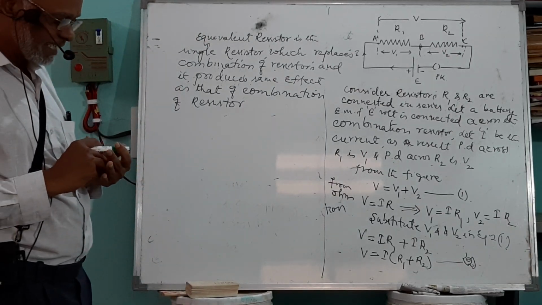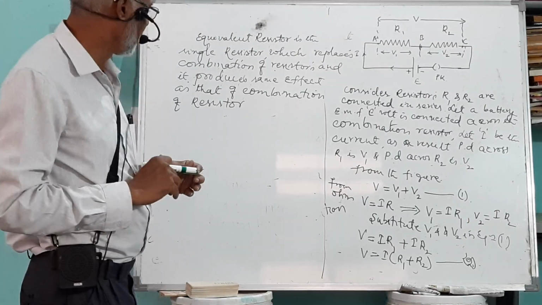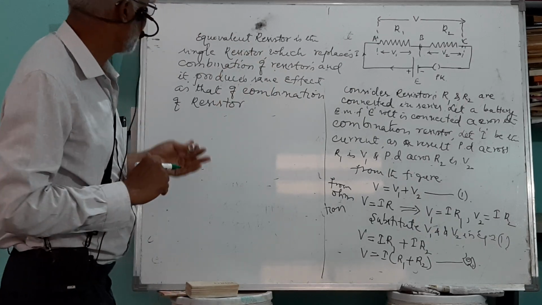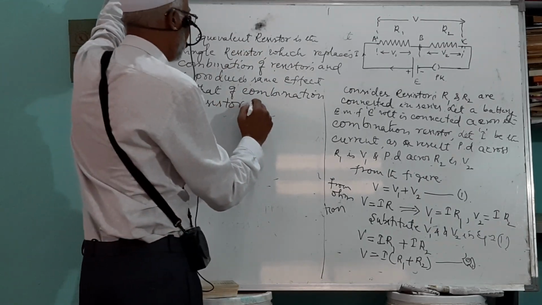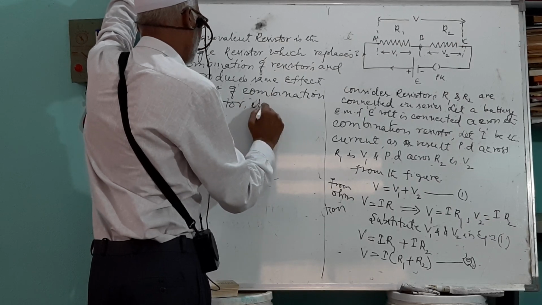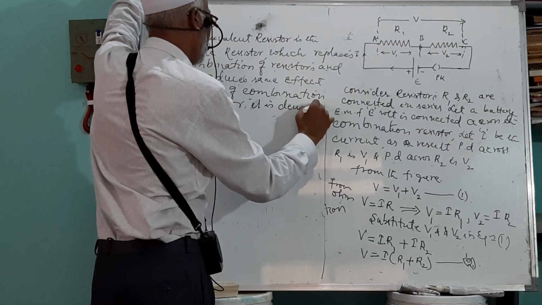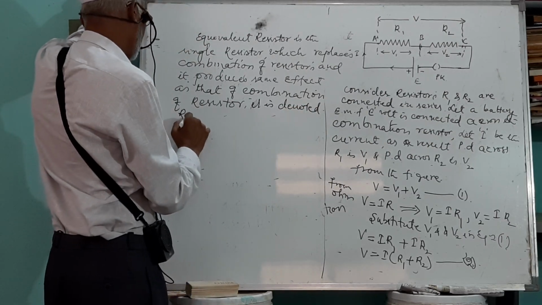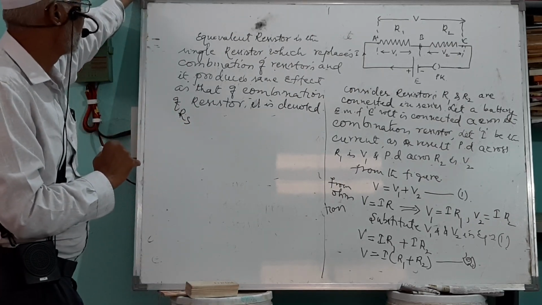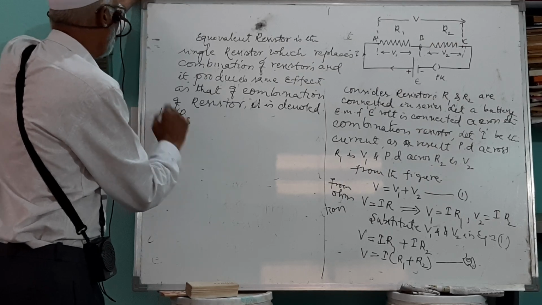So equivalent resistors we will find in series combination as well as parallel combination. In order to differentiate between series and parallel, the equivalent resistor in series combination is denoted by Rs.